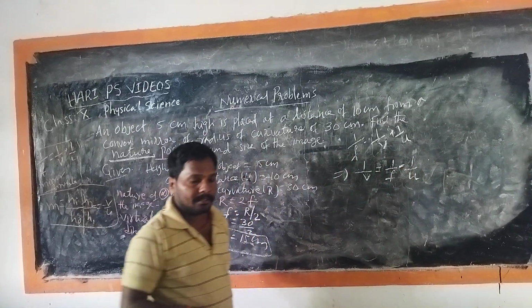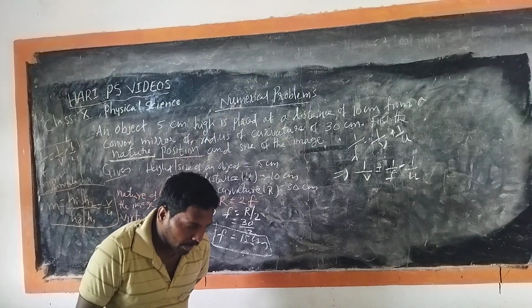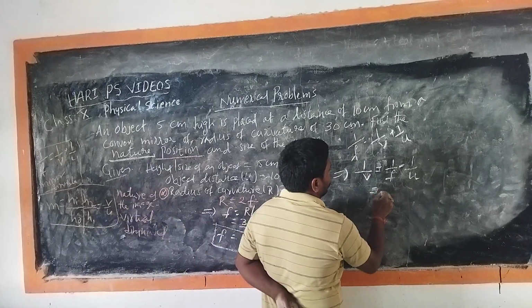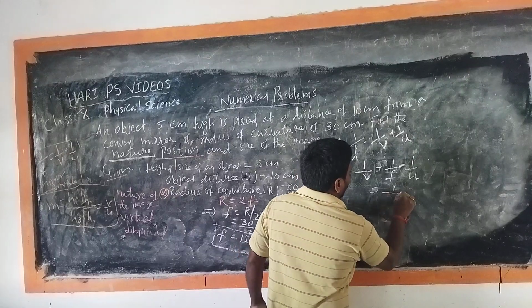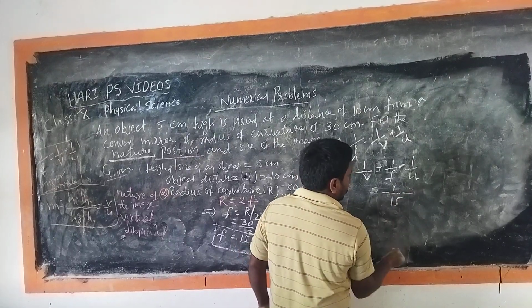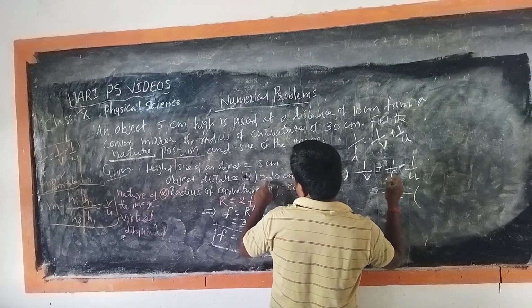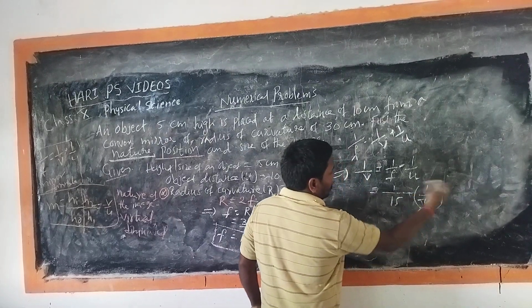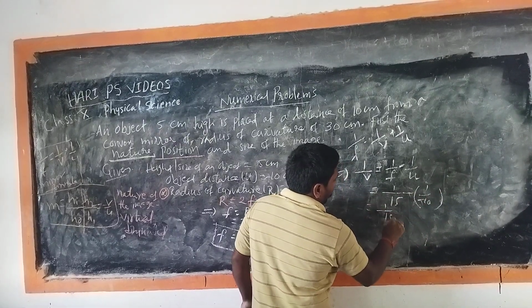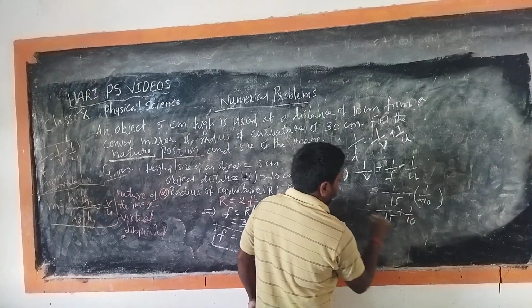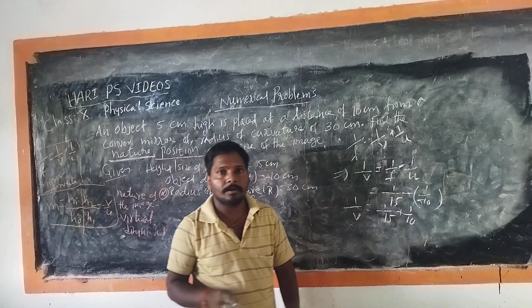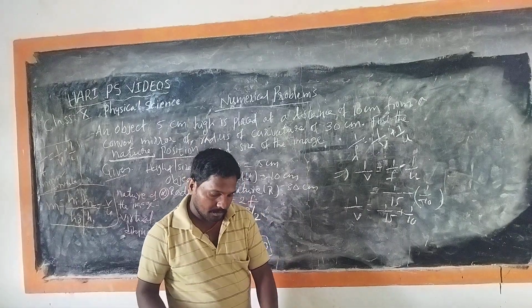Substituting the values, f is 15 and the object distance is minus 10, so 1 by 15 minus 1 by minus 10. The minus cancels, so 1 by v is equal to 1 by 15 plus 1 by 10.